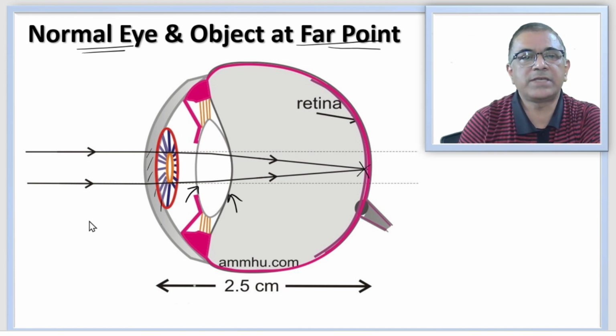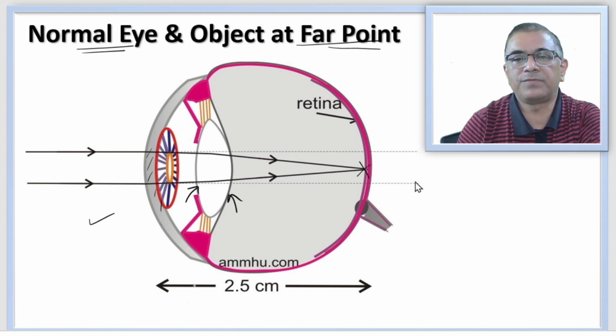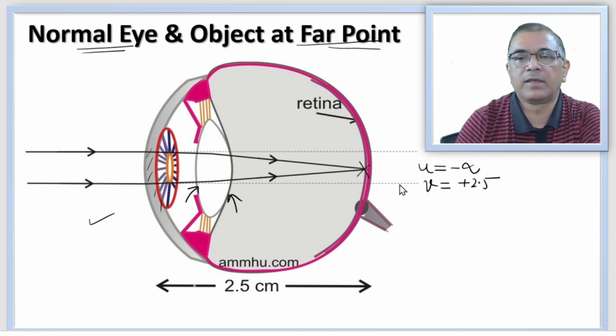In the first case, when the object is at the far point, the distance of the object, you already know, is u equals minus infinity. v is equals to plus 2.5 (approximate distance), and the focal length of the lens eye system is to be found.